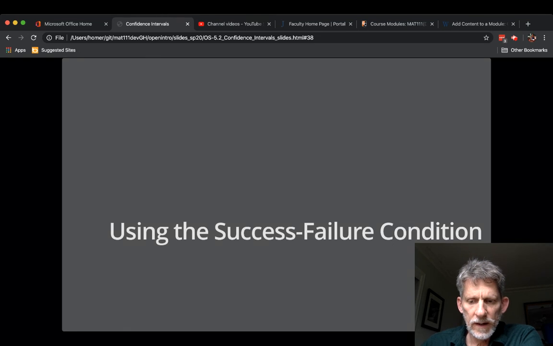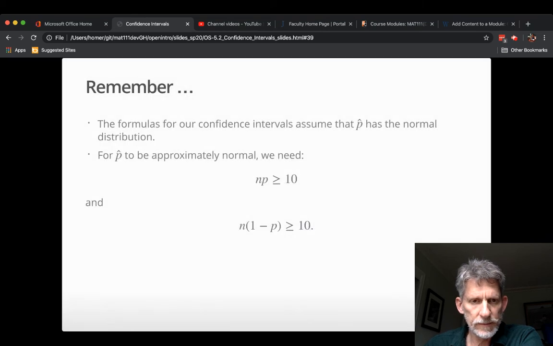I want to talk about the success-failure condition that you see discussed in the textbook. You have to bear in mind that the formulas for our confidence intervals, the p-hat plus or minus the z-star times the standard error, assume that p-hat has the normal distribution.